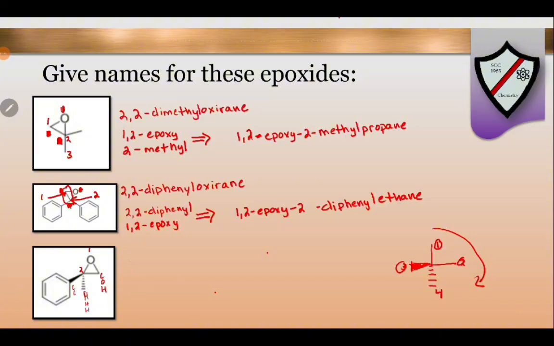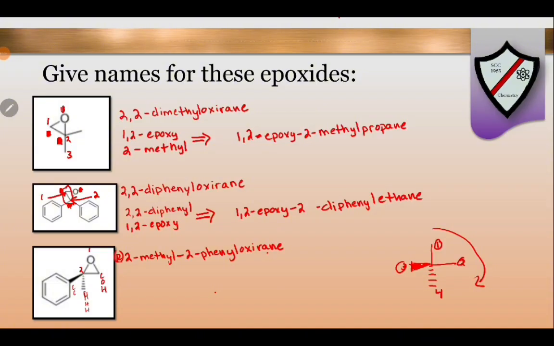LMNOP. So we would name this one 2-methyl-2-phenyloxirane. And that is R, by the way.